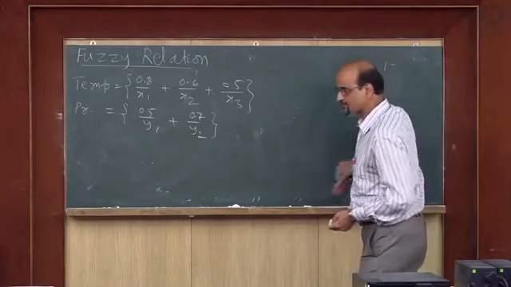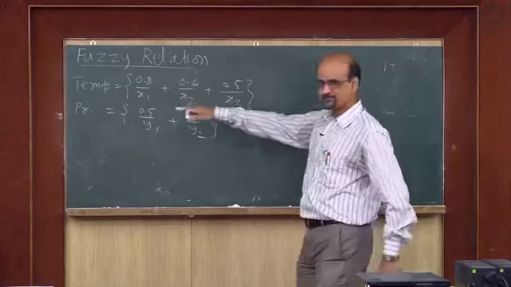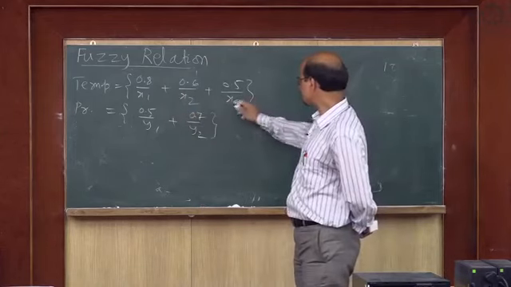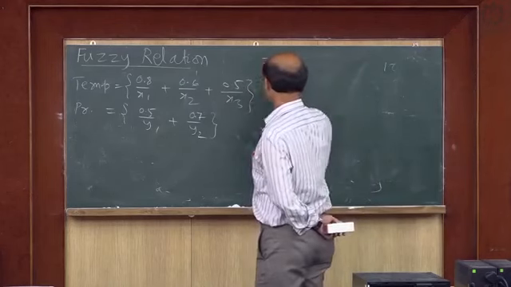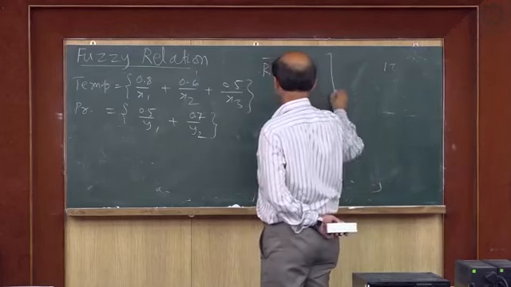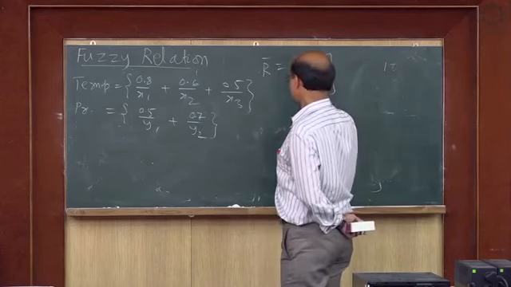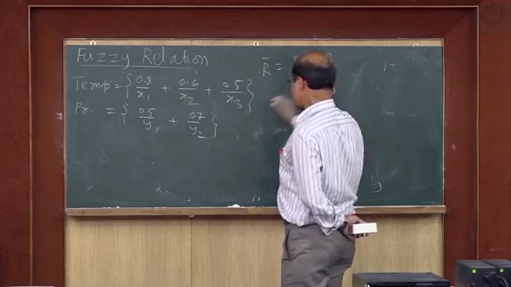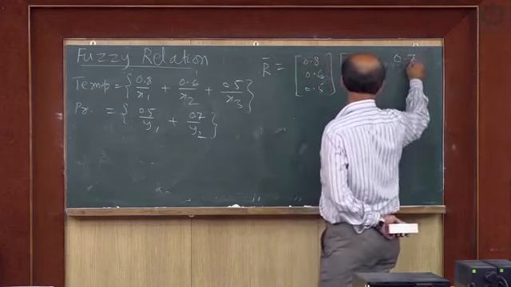I will take practical examples later. For the temperature pressure relation, I can write the temperature as a column vector of membership functions 0.8, 0.6, 0.5, and the pressure as 0.5, 0.7.